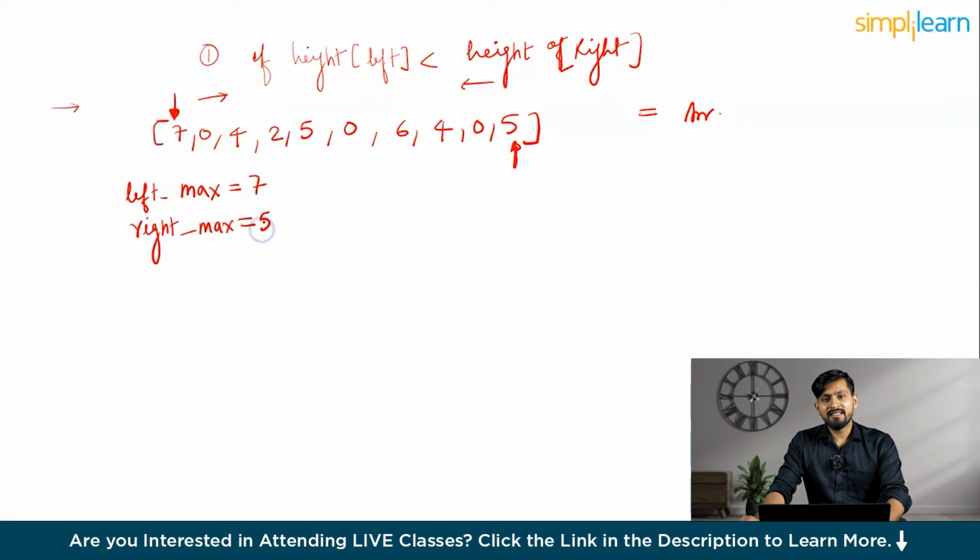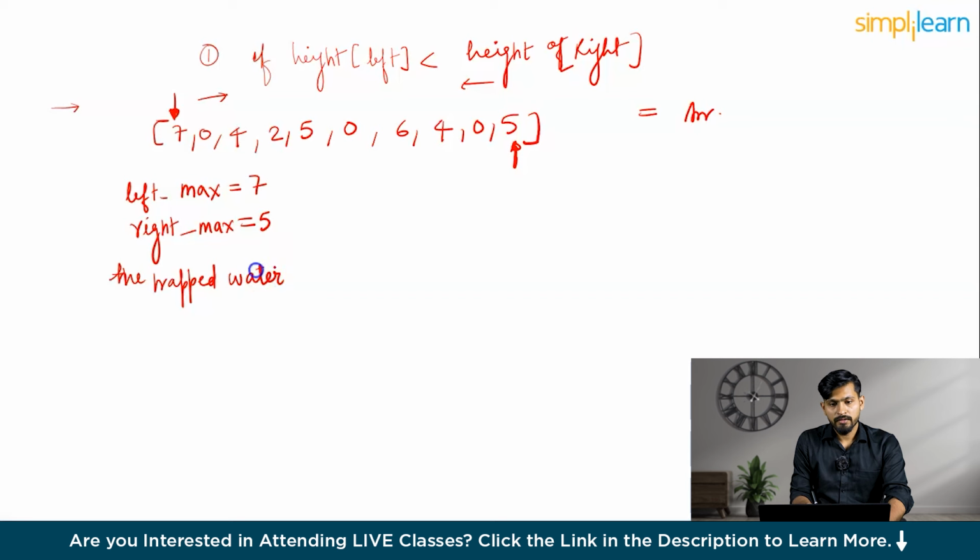The left pointer is at index 1 and height of 1 is equal to 0. So we calculate the trapped water, which is equal to 7, the left max, minus 0. So it is going to come around 7 units.